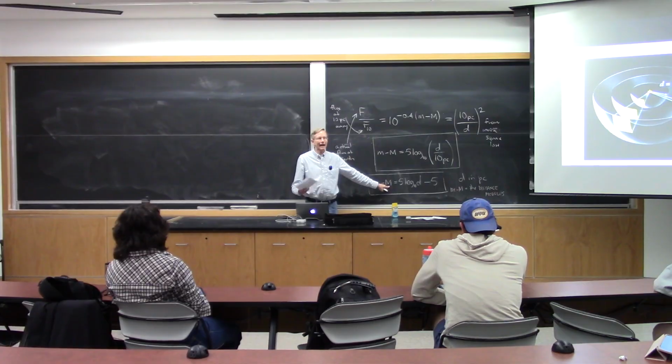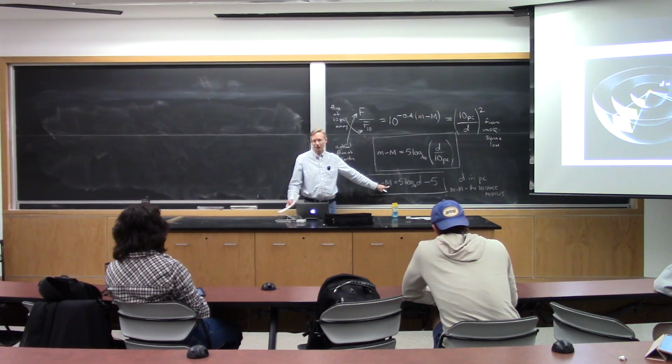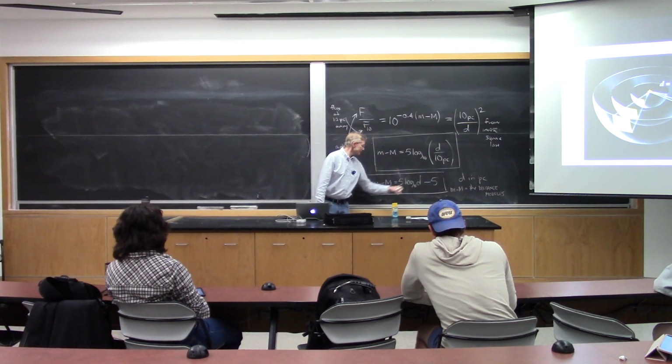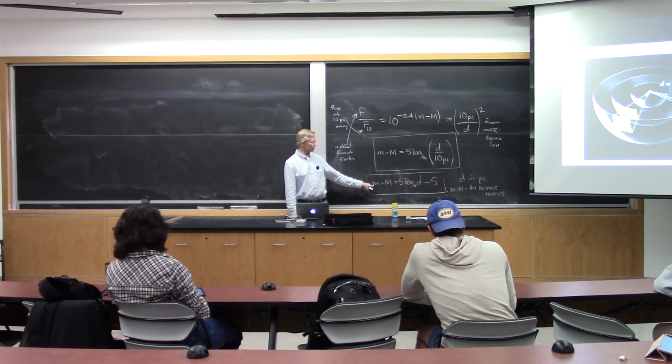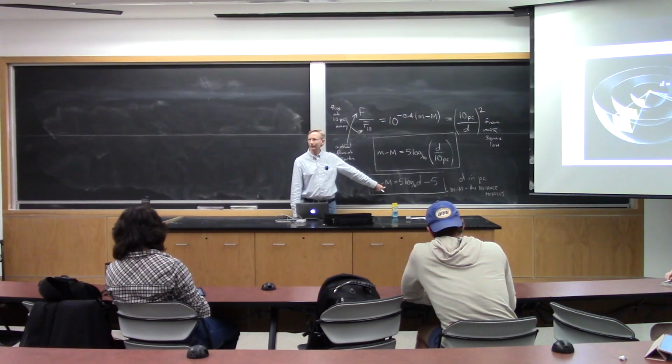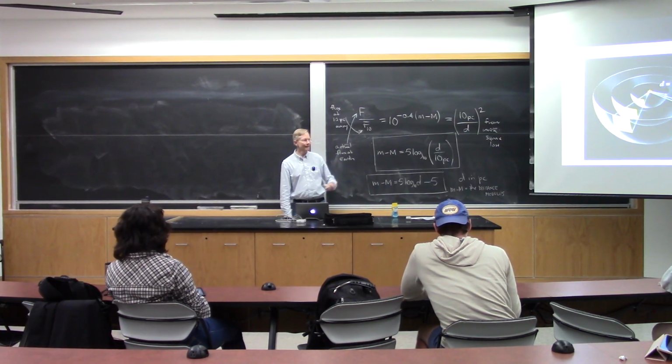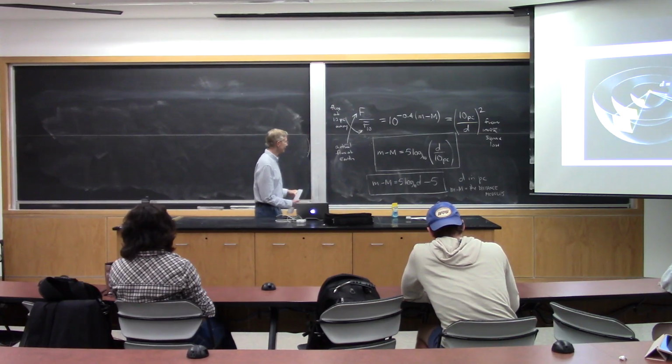So that's how you find actual absolute magnitudes for stars: if you can use parallax to find its distance and you've measured its apparent magnitude, this allows you to calculate its absolute magnitude, what its apparent magnitude would be if it were 10 parsecs away.